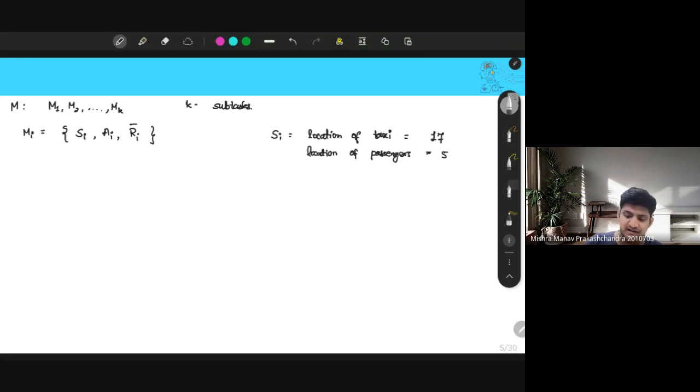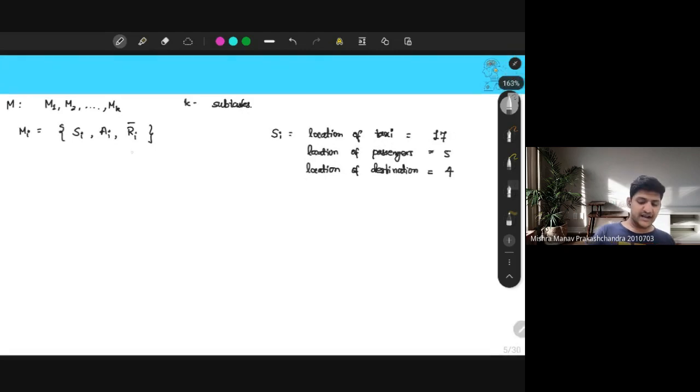Okay, and finally, I need to have the location of the destination because that is also important, right? The location of destination. So this is four because I have four destinations that I can go to. Okay, so this entire thing consists of the state space, which is 17 cross 5 cross 4. So these are the total number of accessible states that is available to us.